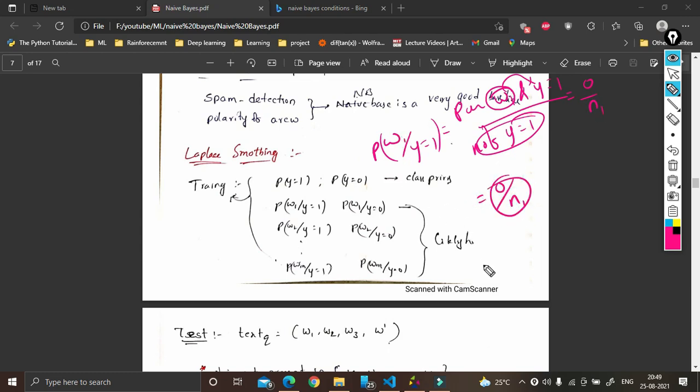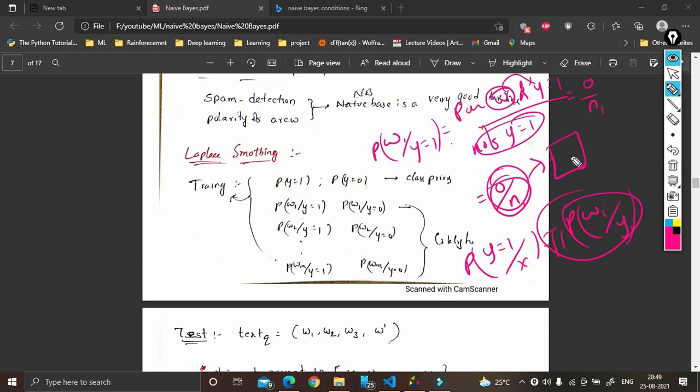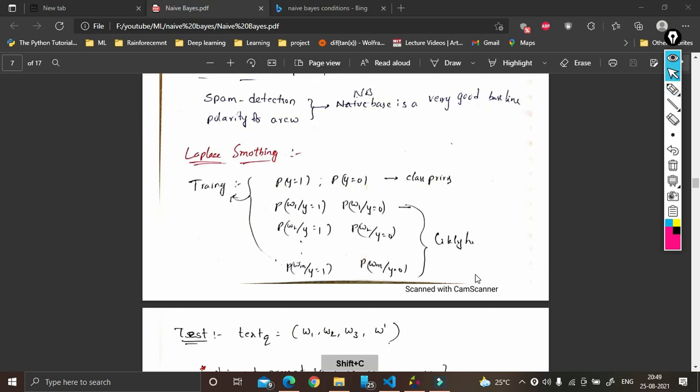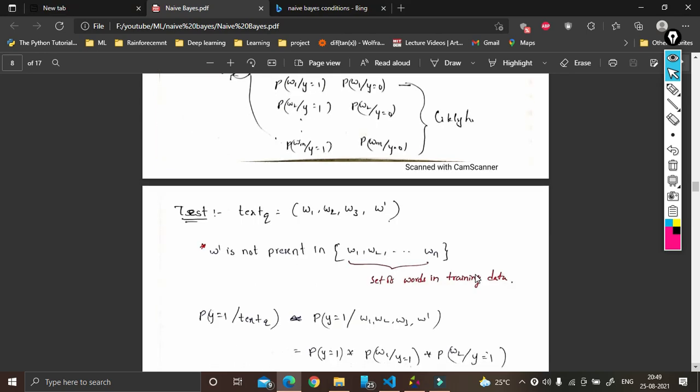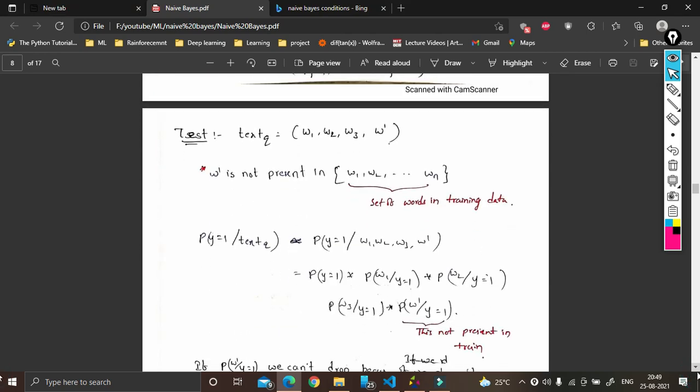By getting this 0, the overall probability becomes 0, because the probability given x is the combination of the probabilities of each word given y, and we are using multiplication. If one term is 0, the whole thing goes to 0. To avoid this problem we use Laplace smoothing.